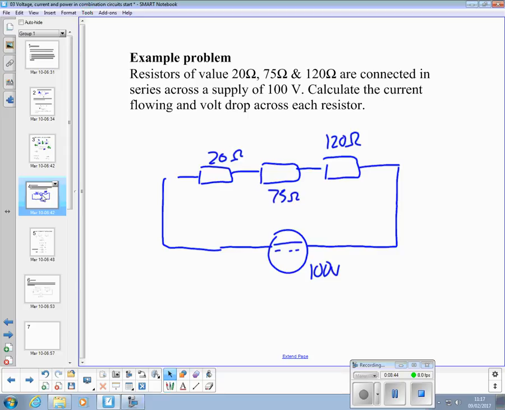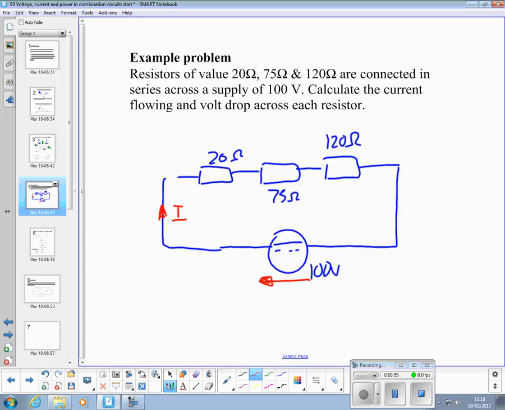Calculate the current flow I. So let's put an arrow on there, I, and put a voltage arrow on our source, pointing with the flow of current.